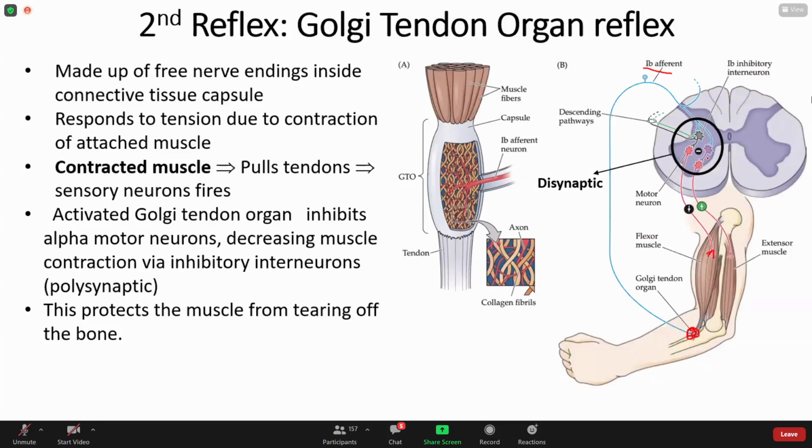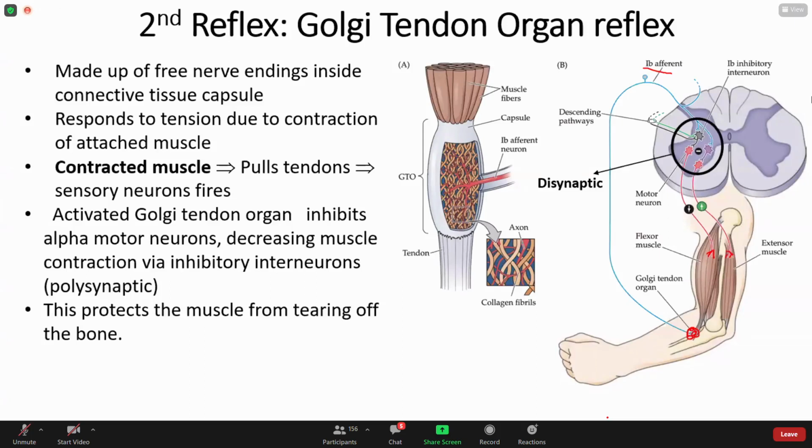The excitatory interneuron excites the alpha motor neuron innervating the extensor muscle. In this way, your arm drops in order to protect your muscles from stretching themselves. Okay, is this clear?